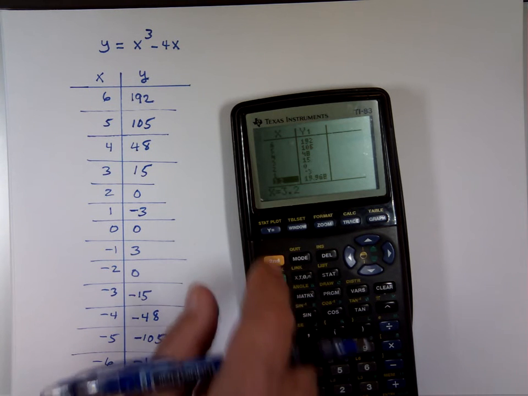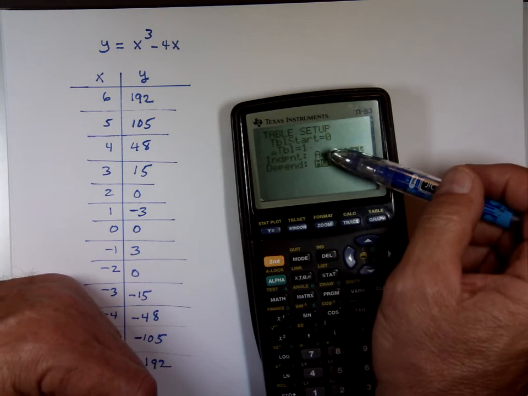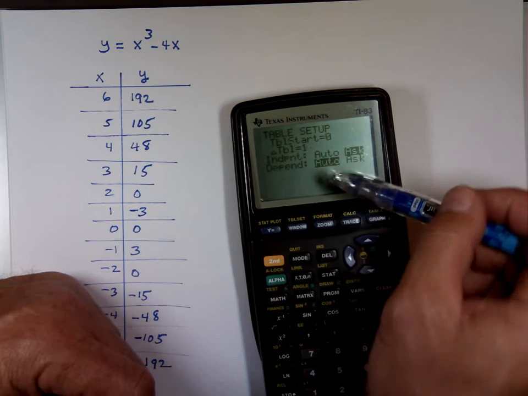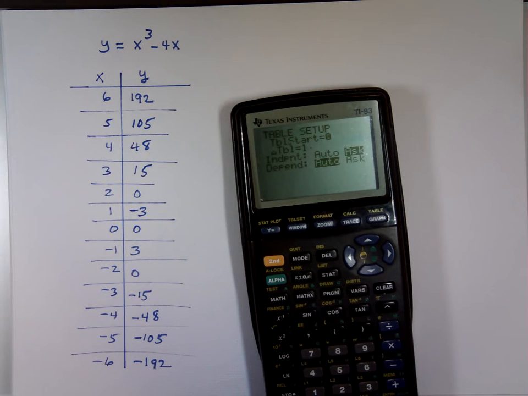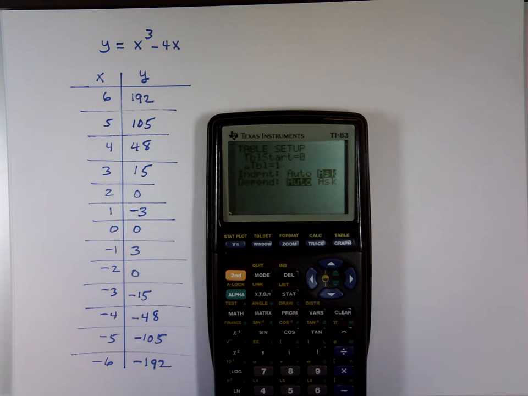I went to ask mode instead of auto mode. Usually the mode is automatic, so it's always a whole number. By changing that to ask mode, I can put any number, decimal number, anything I want to put there.